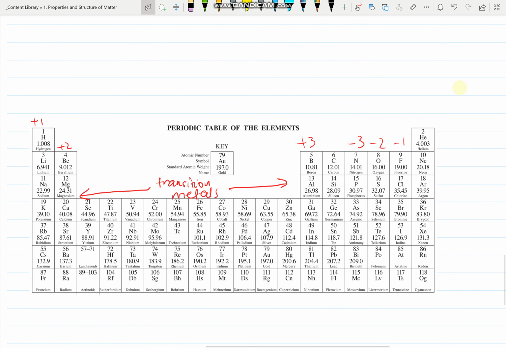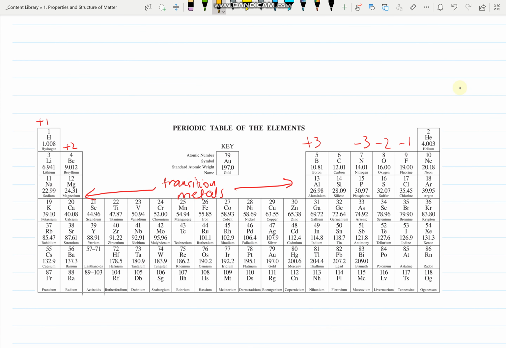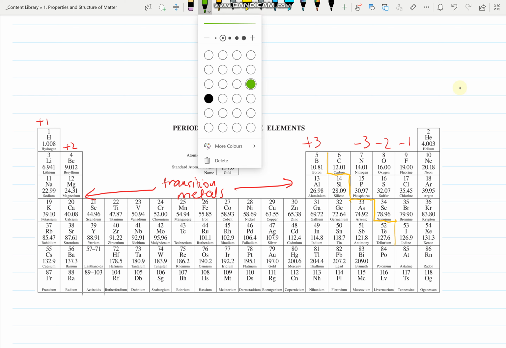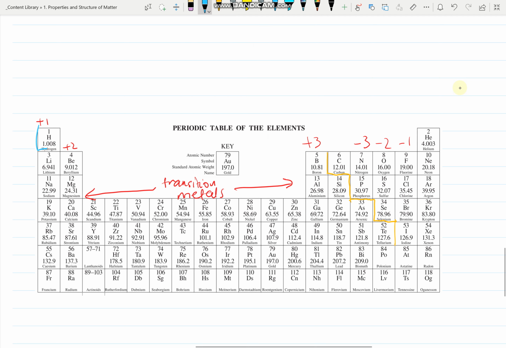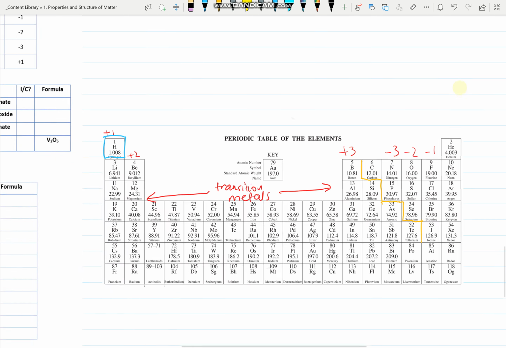And if you see over here, generally this step down here, this is like my border, and anything to the right is a non-metal, with the only exception being hydrogen. Hydrogen is the only non-metal that sits on the left-hand side. So all of this is non-metals, and there's a bit of debate over all these things down here. So anyway, don't worry about it too much, but I got carbon, non-metal, oxygen, non-metal. I am in the covalent naming world.